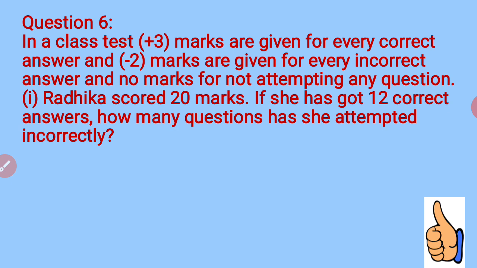If the question goes incorrect, -2 marks are awarded. That means whatever he gets from it, -2 will be deducted. And if the child is not at all attempting any question, there will not be any loss, no gain also.